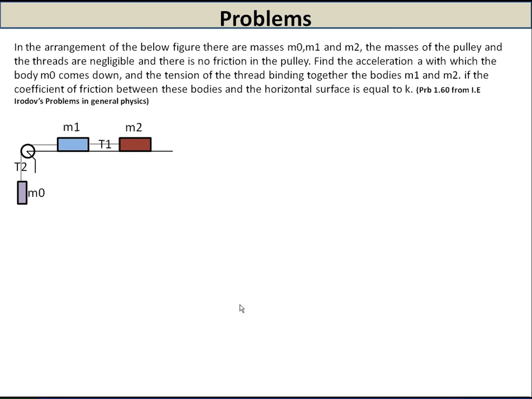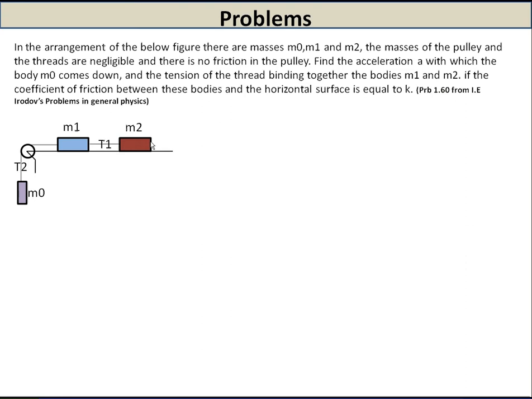Find the acceleration a with which the body m0 comes down and the tension of the thread binding together the bodies m1 and m2 if the coefficient of friction between these bodies and the horizontal surface is equal to k. So the statement of the problem is pretty simple.